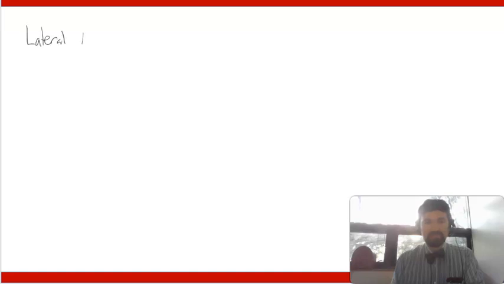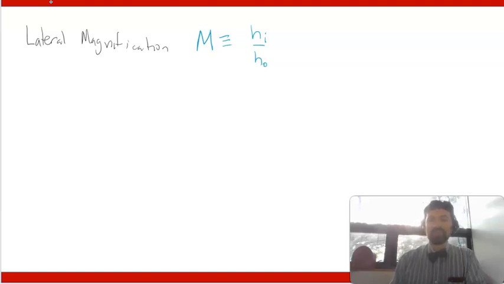So lateral magnification, we often represent with a capital M, and what it is defined as is the height of the image versus the height of the object, or the length scale of our image versus the length scale of our object.